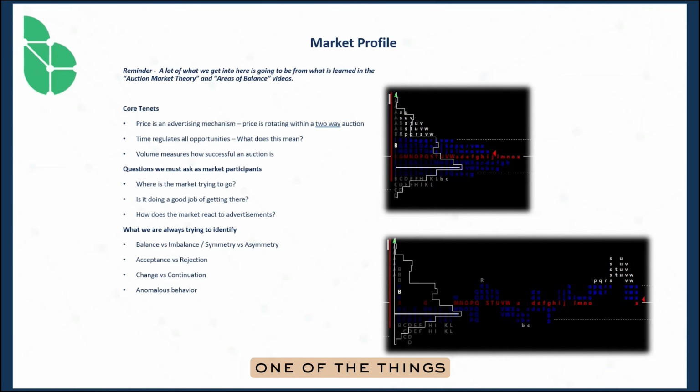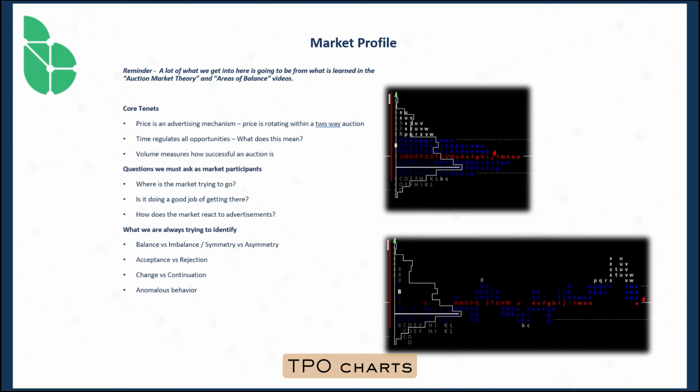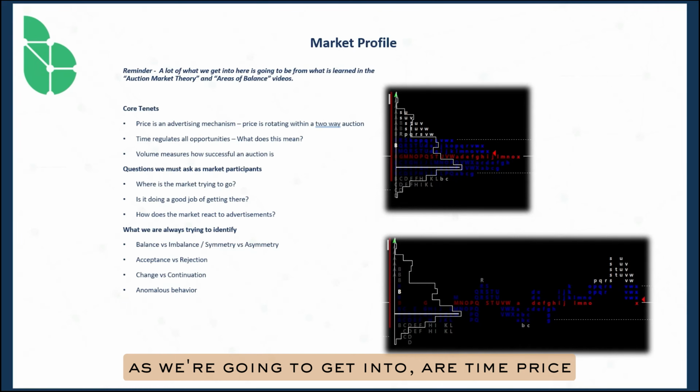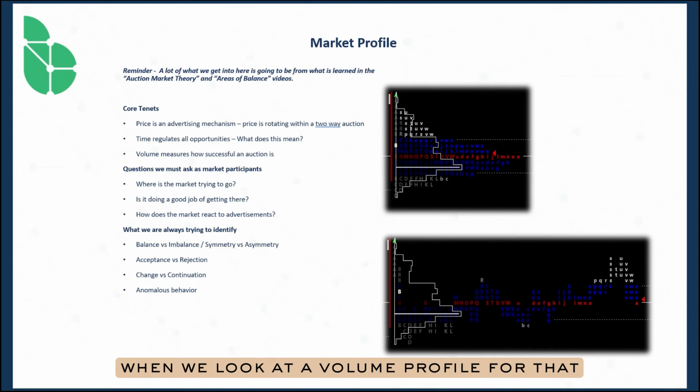One of the things about using volume profile is that we're seeing where buyers and sellers are transacting a large amount of volume. TPO charts, as we're going to get into, are time price opportunity charts. They're based on where the market spends a lot of time, so it's very similar to a volume profile. If we're looking at a basic candle chart on a 30-minute time frame and we look at a volume profile for that, the TPO chart and the volume profile chart are going to look almost identical.